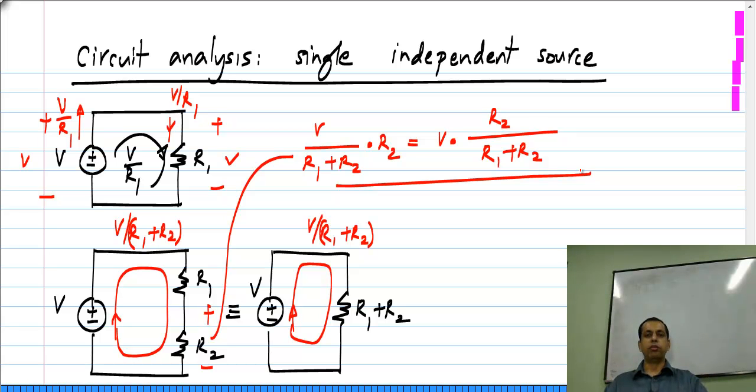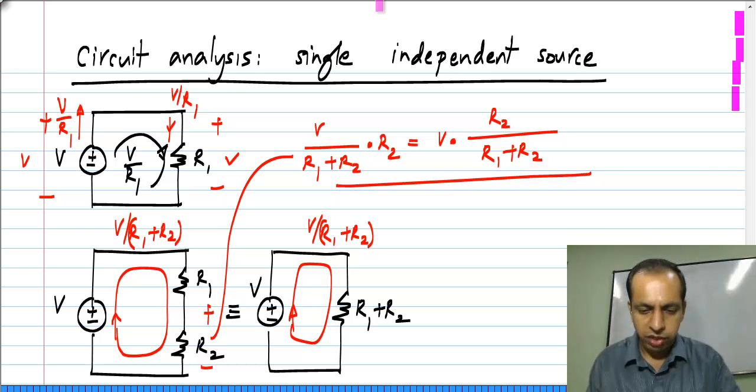Now, this is of course the familiar voltage divider formula, which tells you that if you have a series combination of resistors excited by a voltage V, the voltage across any single resistor is the ratio of that resistance to the total resistance of the series combination times the applied voltage.